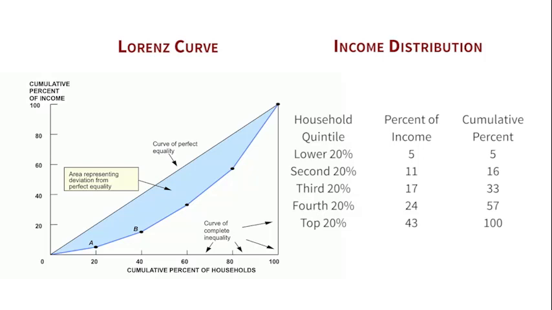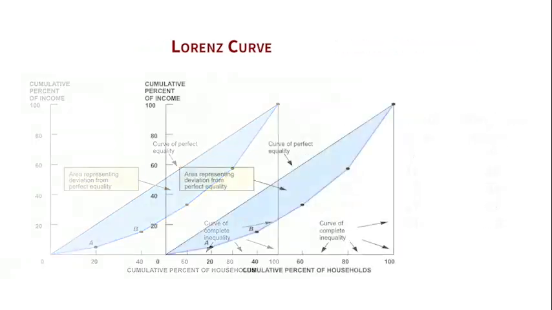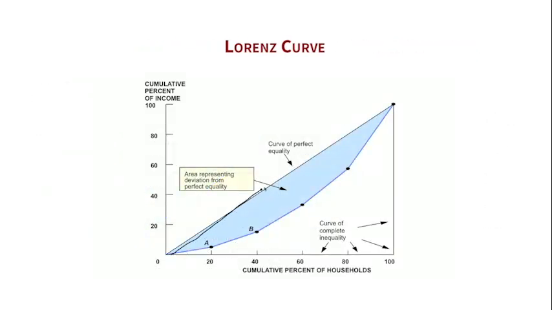Now, this plot is overlaid in a diagram that represents two extremes of income inequality. The extreme represented by the 45-degree line, which goes from 0 to 100 on both axes, is a line of perfect income equality. Everybody gets the same. 20% gets 20%, 40% gets 40%, 80% gets 80%, et cetera.